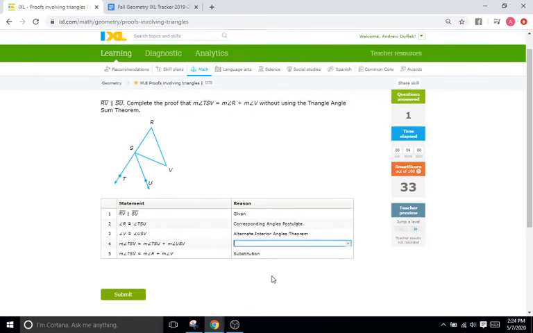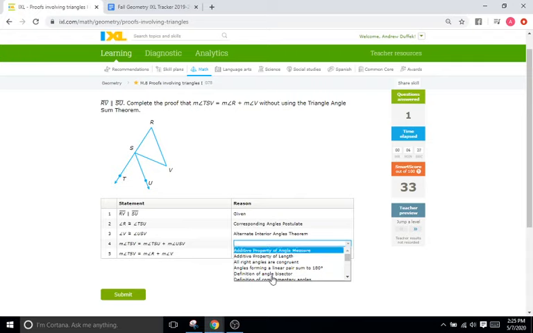So we'll go down here to our statements, and it says the measure for angle TSV. So again, the entirety of this angle S right here, these two little angles. And that's going to equal TSU, so this half, plus USV, so this half. So we know that these two halves are going to equal this whole. Okay, let's figure out why that is.